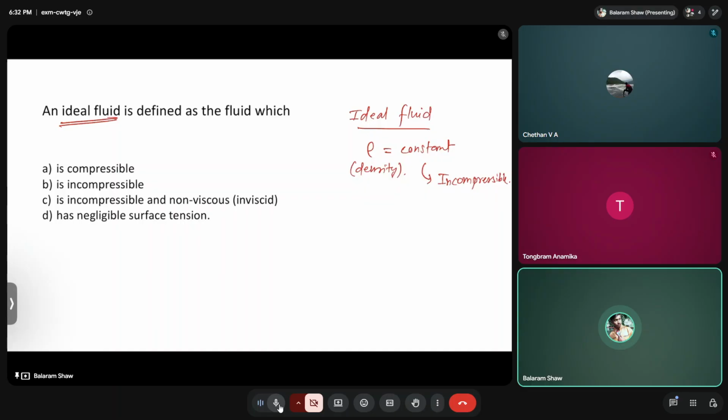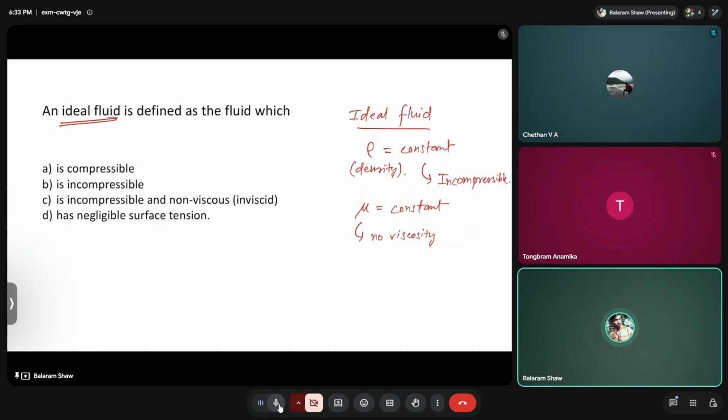So the correct answer is incompressible and non-viscous, that is inviscid. Is it clear? This is dynamic viscosity. So the correct answer is C.